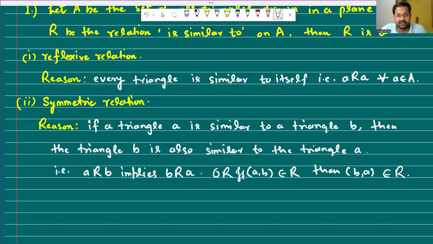What about transitive relation? So this relation is also transitive, we can say.